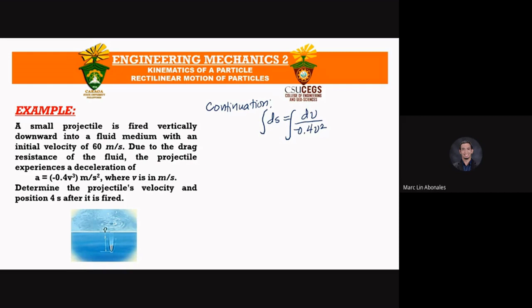So for the position, what is the initial position? What will be the lower limit? What will be the value of the lower limit, or the initial position, based on the problem?